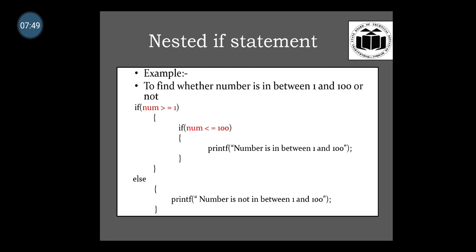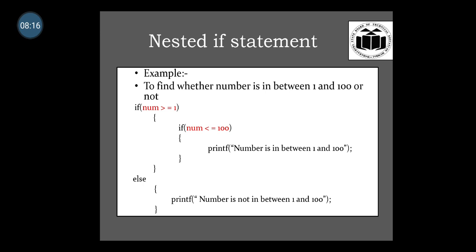For example, if we want to find whether the given number is between 1 and 100 or not, then we first check if number 1 is greater than or equal to 1. Then the other check is whether it is within 100, meaning it should be less than or equal to 100. So we check if number 1 is less than or equal to 100.